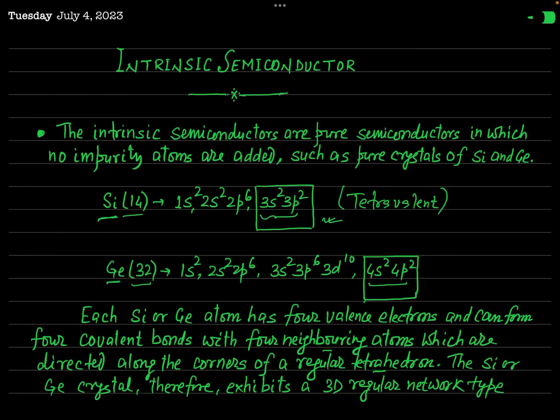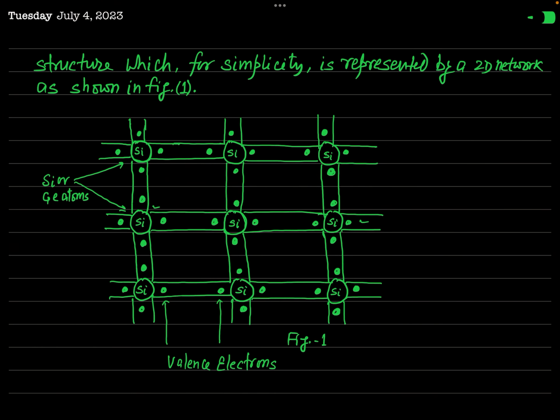So silicon or germanium must have 8 electrons for the fulfillment of the octet rule, but these have only 4 valence electrons. So each atom of silicon or germanium must be surrounded by 4 atoms of silicon or germanium.